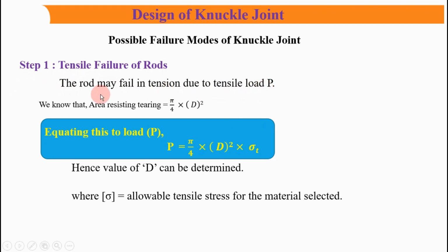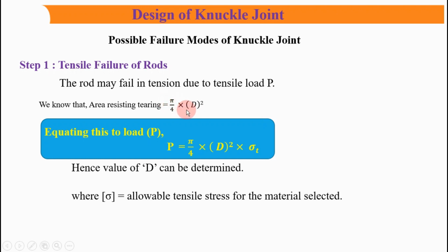We know the area resisting tearing. Because the rod is a circular member, the formula for the area of a circle is pi by 4 into d square, where d is the diameter of the rod. So we need to calculate the diameter of the rod first.